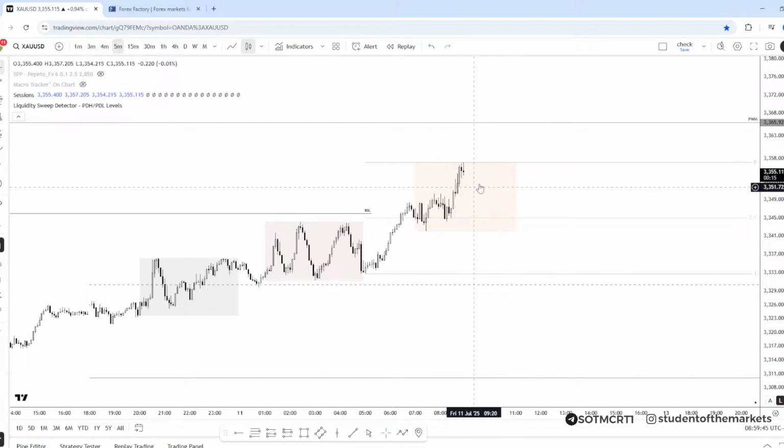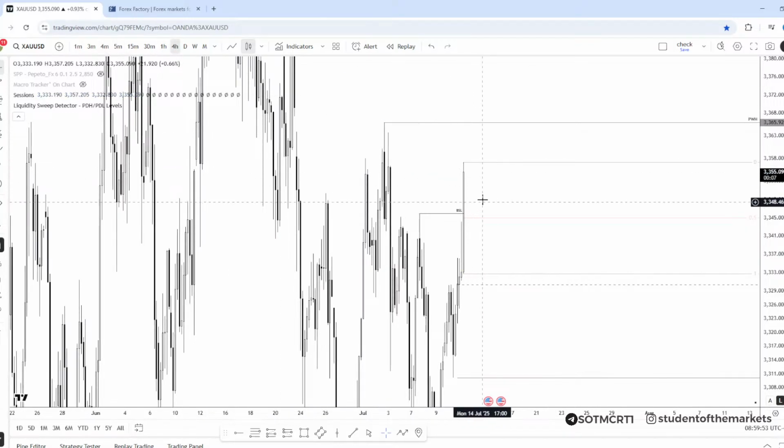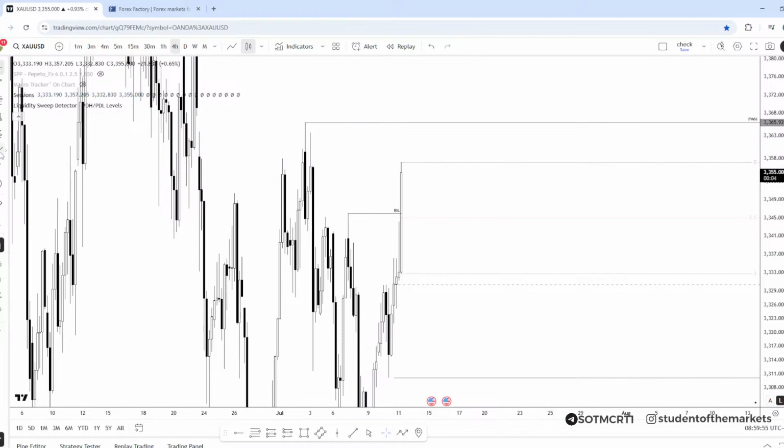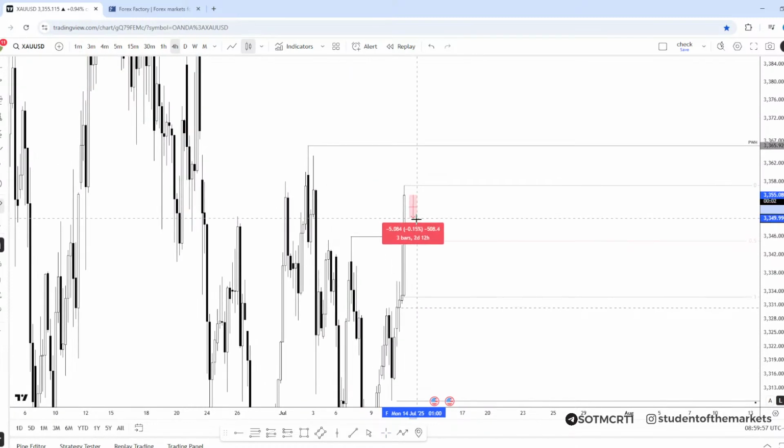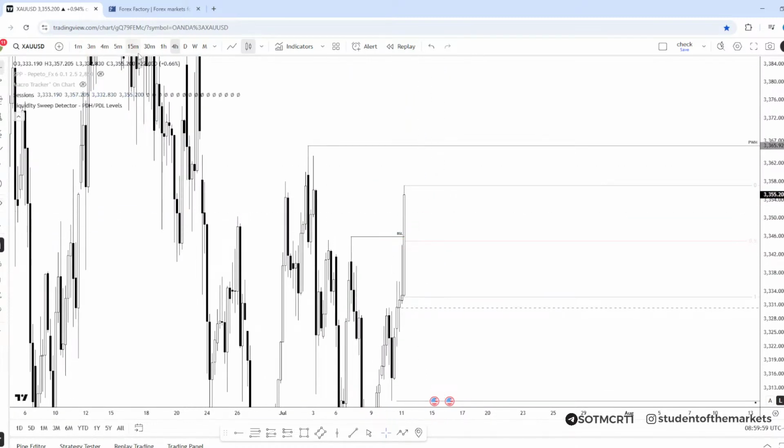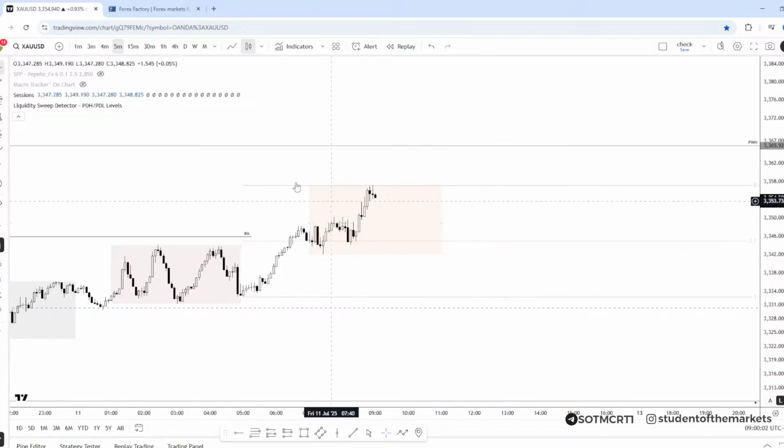Because if price goes down, I think that price will sweep the highs once again prior to going down. And if price at the open goes down first, then most likely I can try. I most likely will try buys.